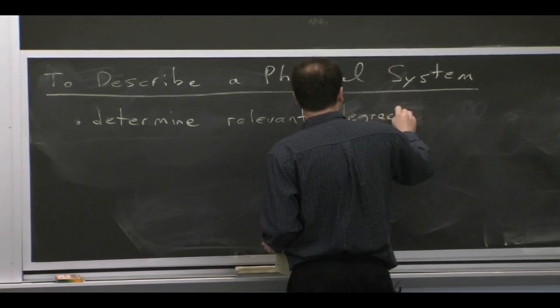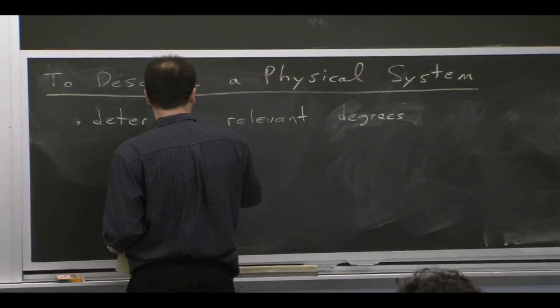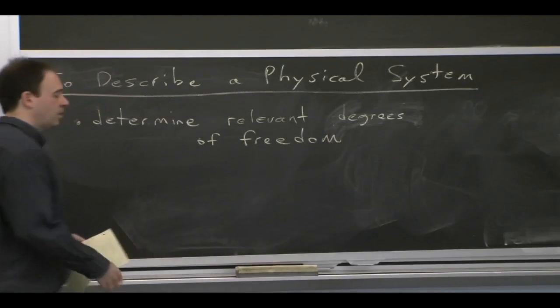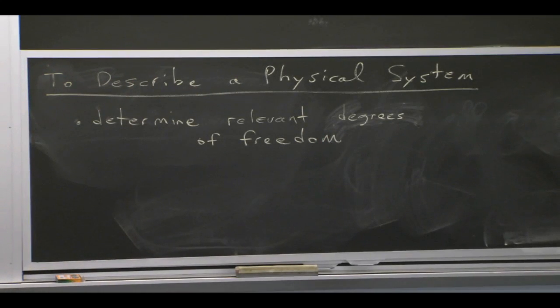The first thing you need to do is figure out what the relevant degrees of freedom are. What are the things that actually matter for the problem you want to study?